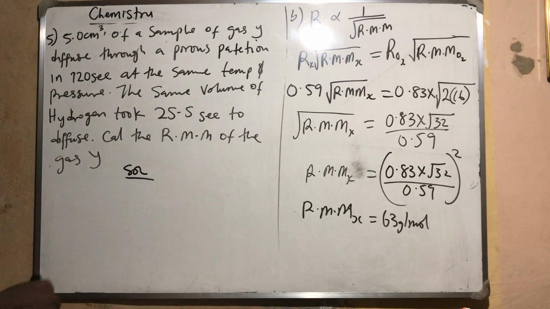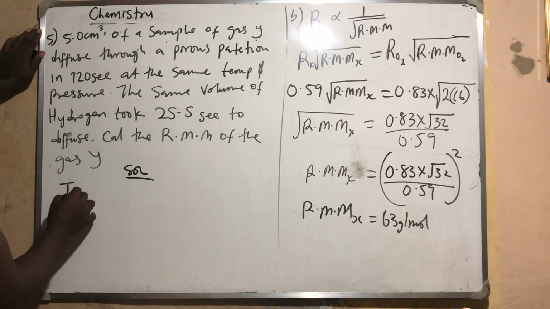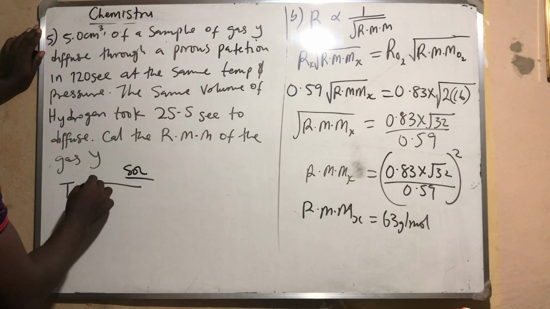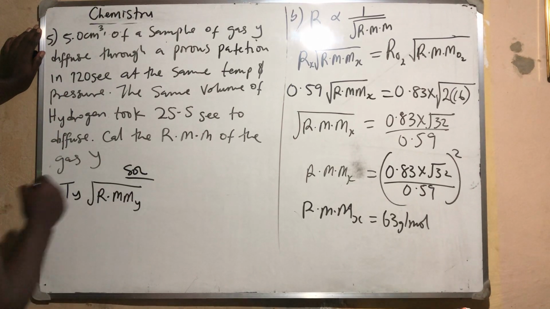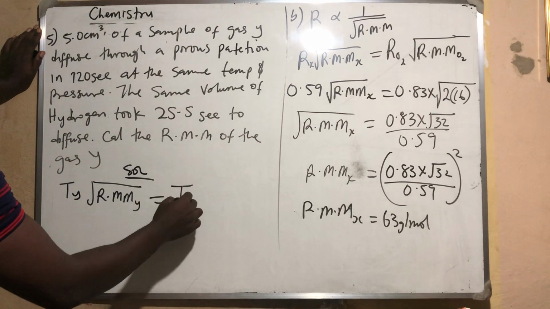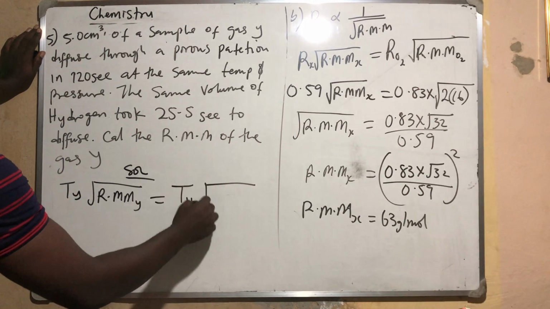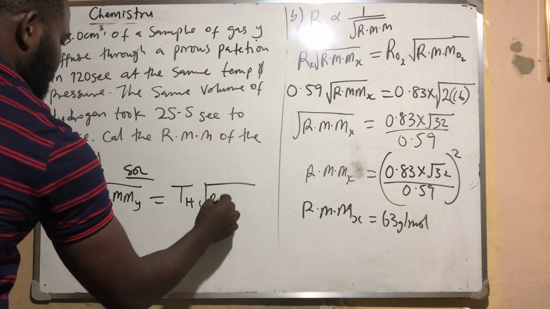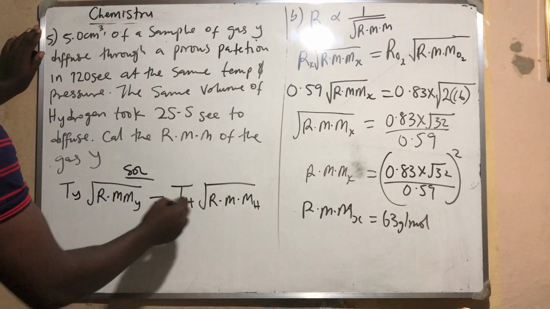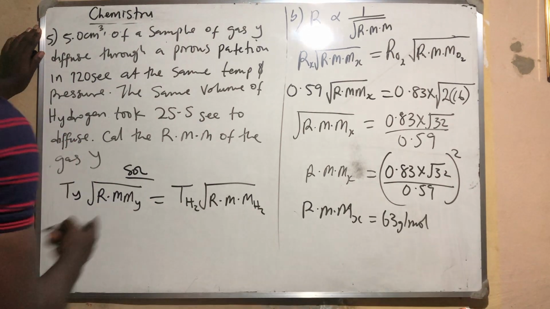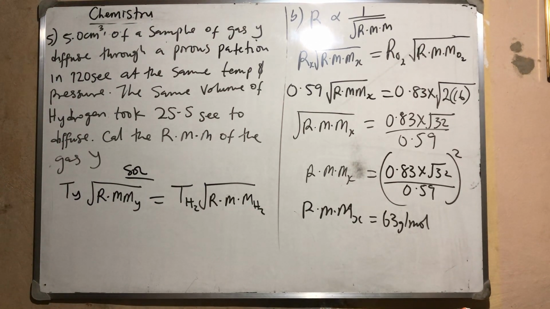The time of gas Y times the square root of the relative molecular mass of gas Y is equal to the time of hydrogen times the square root of the relative molecular mass of hydrogen. This will help us get it straight instead of getting the rate of diffusion of the gas.